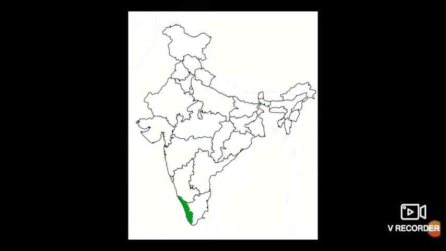Let us mark one state for each forest. This forest is very dense and trees remain green throughout the year. That's why we are marking it in dark green color. The Western Ghats lie along the western side of the country. So let us mark Kerala. Shade dark green color inside the state of Kerala.